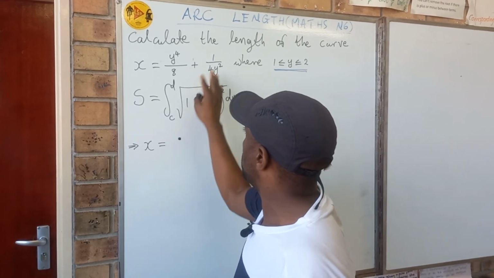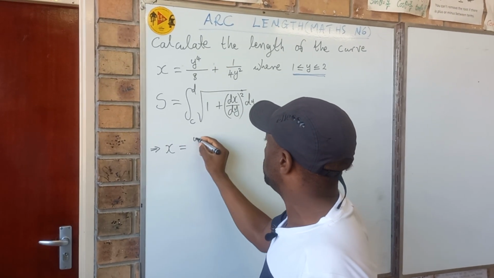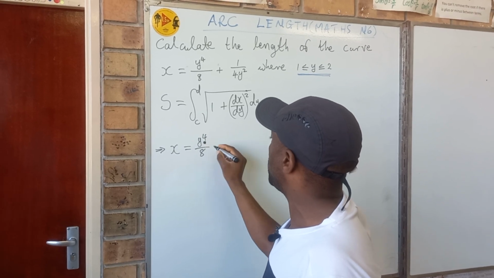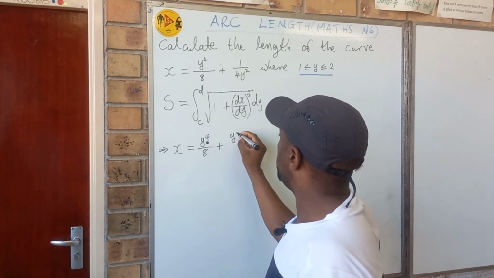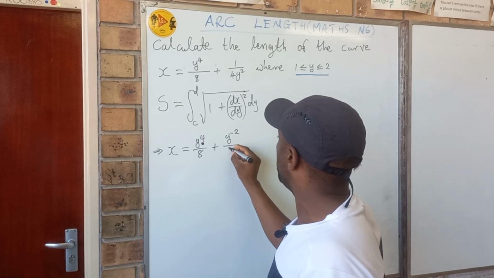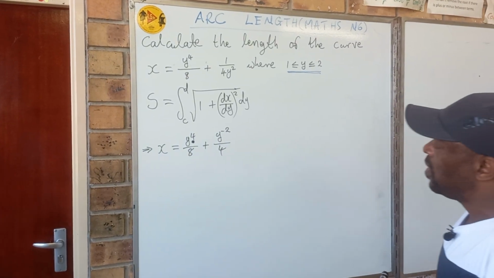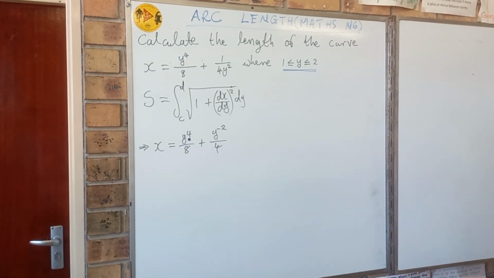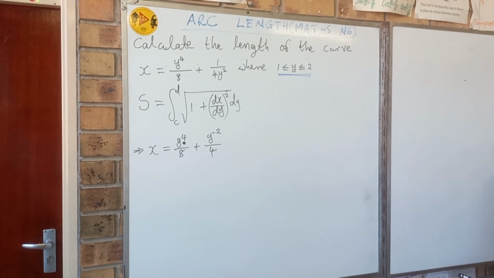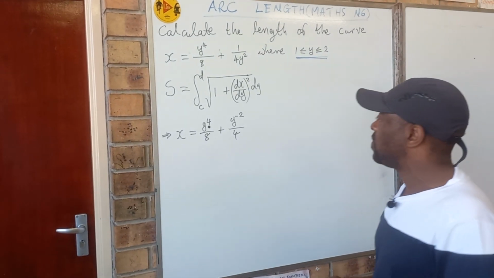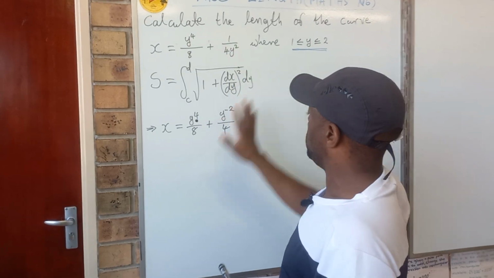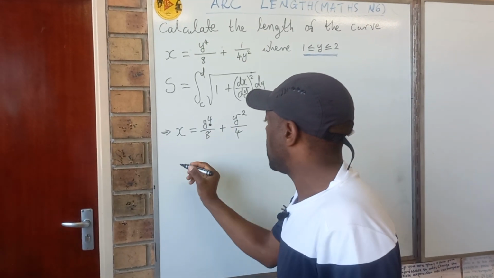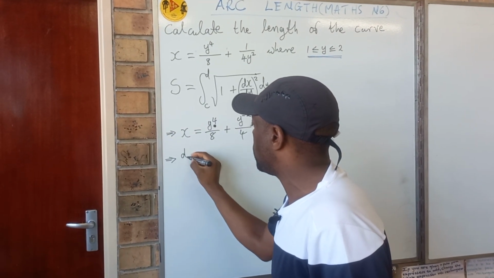So the first thing is to rearrange it to be y to the power 4 over 8 plus y to the power negative 2 over 4. We can't differentiate with y at the denominator, so we have to take it out first to permit us to do our derivative. Now, looking at the equation in this manner, I can look for dx over dy.